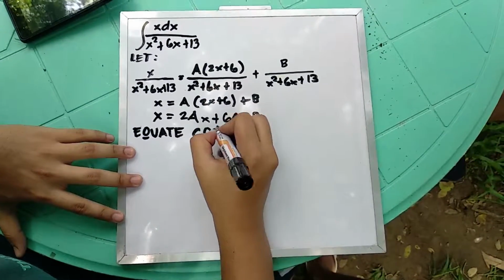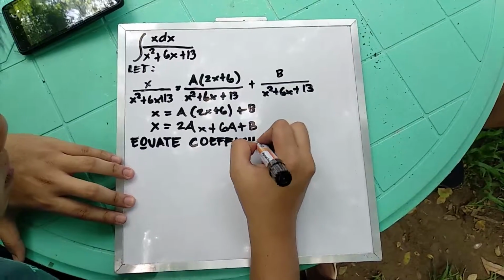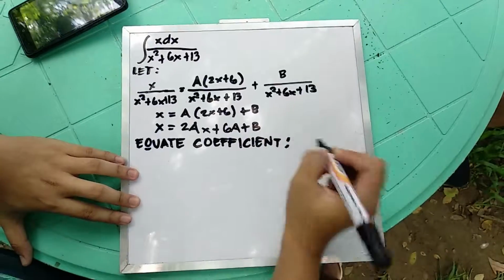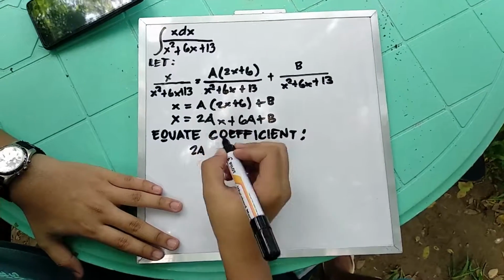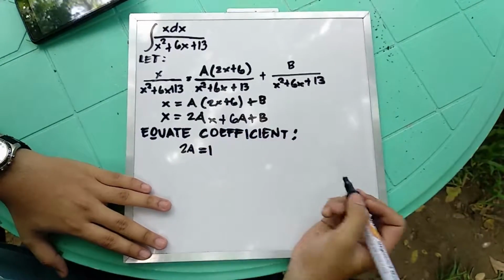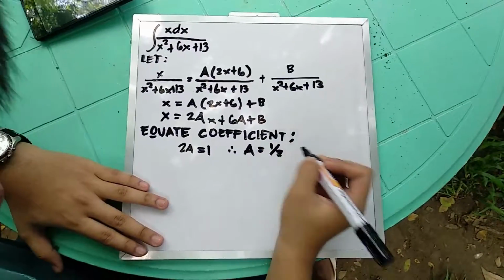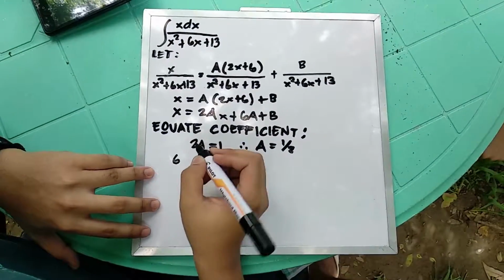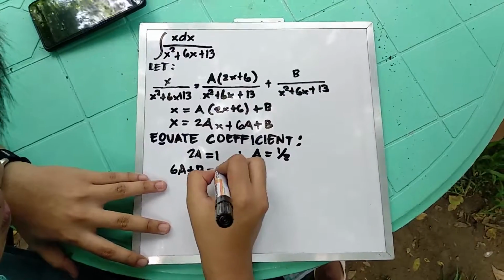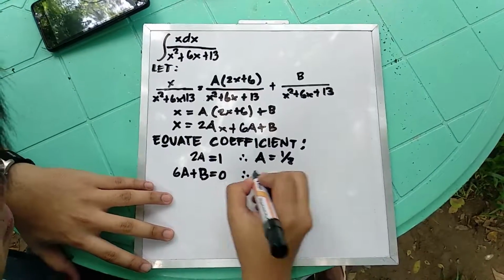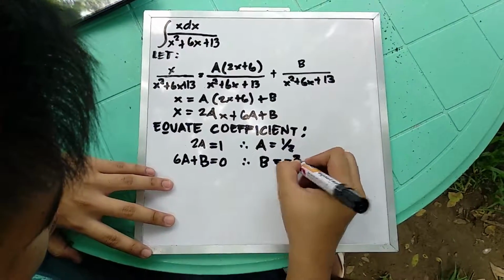We equate coefficients. 2A equals 1, therefore A is equal to 1/2. 6A plus B is equal to 0, therefore B is equal to negative 6A, which is equal to negative 3.